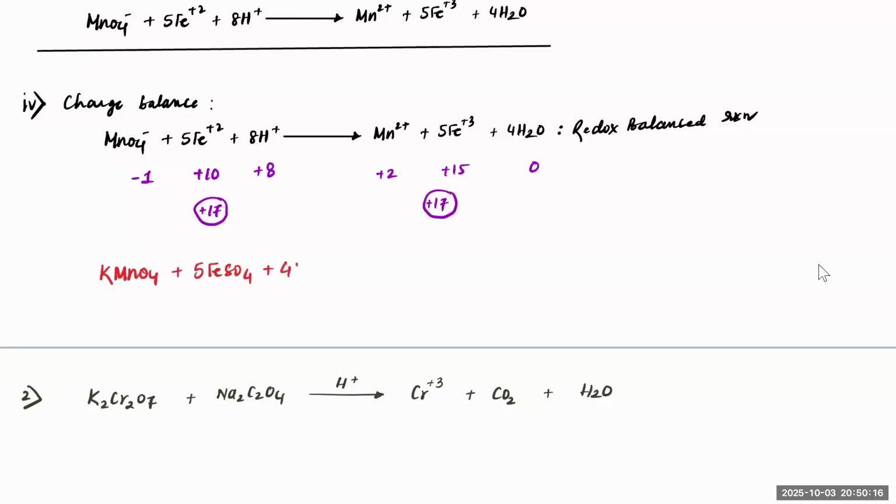So it must be 4 H2SO4 so that it can give 8 H plus, and that must be giving MnSO4 plus 5 moles of FeSO4 thrice. But obviously here Fe2(SO4)3 will only be possible when Fe2 and 3 are there. Correct? So if it is twice here, it should be 5 by 2.